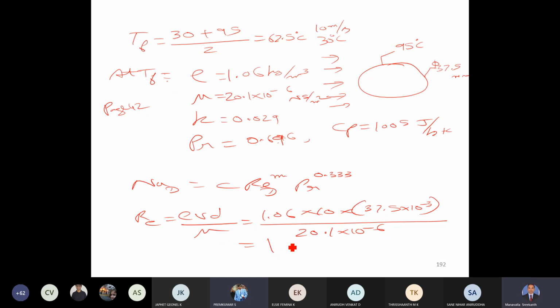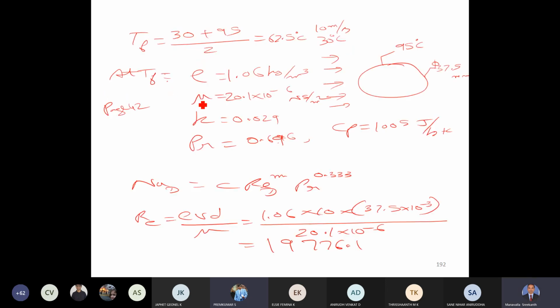So this is 19,776.1, the Reynolds number. Okay. So in the table, we'll have to look for the values of C and M. In the table, you will have Reynolds number based on the diameter and the constants C and M. So our value is 19,776.